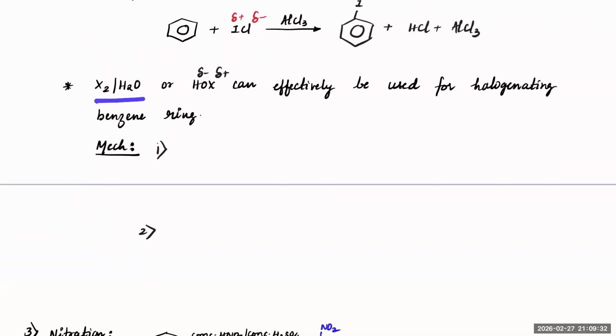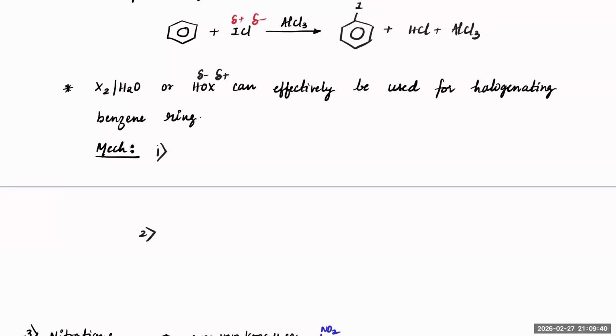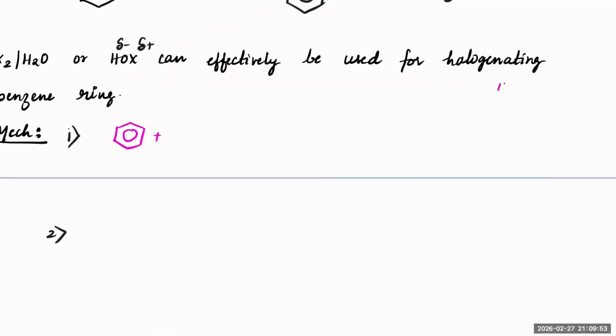Second thing, X2 and water, that is HOX, can be effectively used for halogenation of the benzene ring as well. That is, suppose you have a benzene here, correct, and treat this with X2 plus H2O. We learned this in hydrocarbons, that X2 when you react with water will form HOX plus HX.